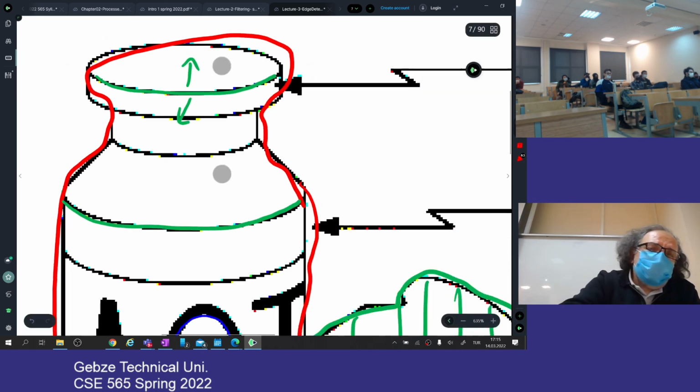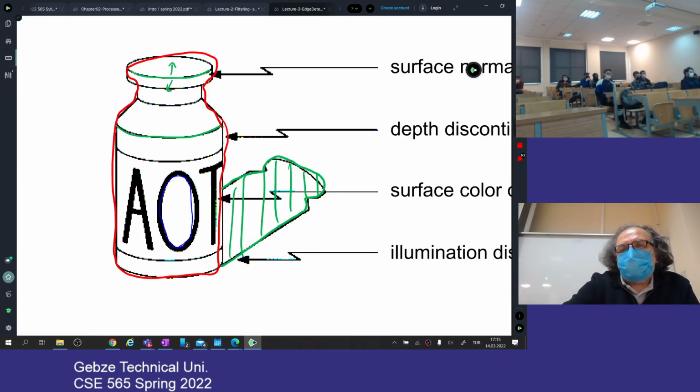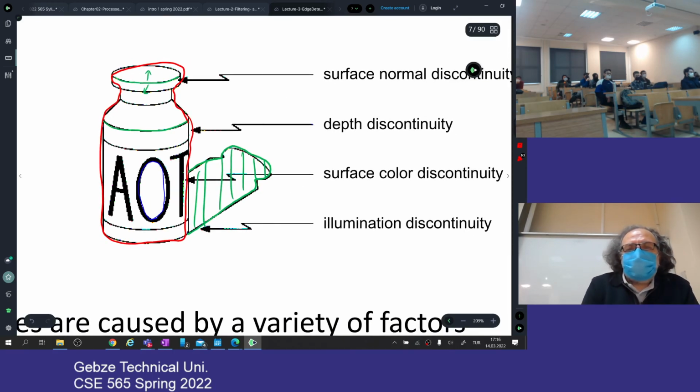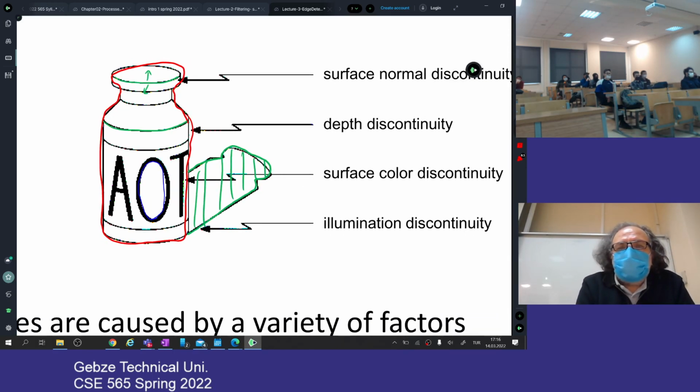So the whole idea of this figure is that whatever edge you are finding, we call it an edge because it's a sudden change in the image intensity. It is not because it corresponds to the object borders. Don't think that once I find the image edges, that means I am locating my objects.